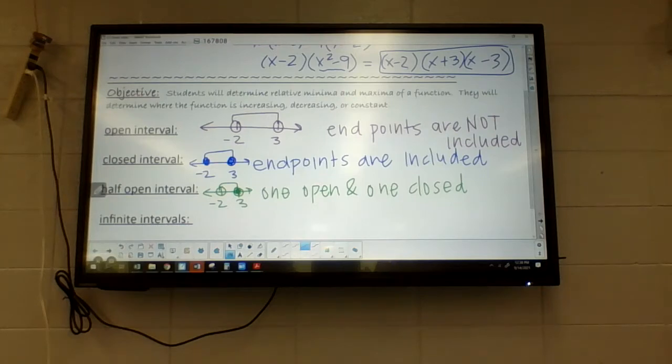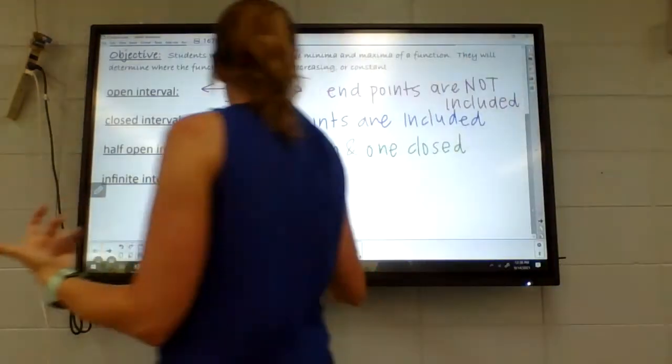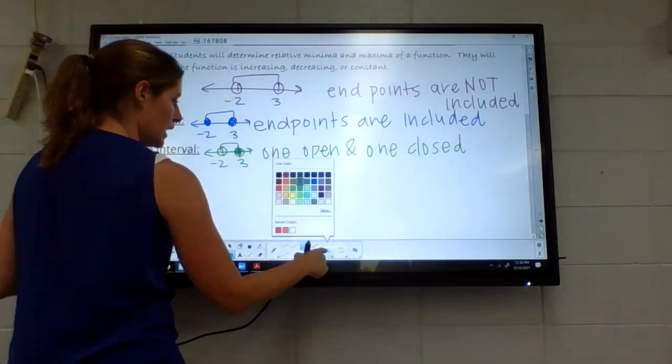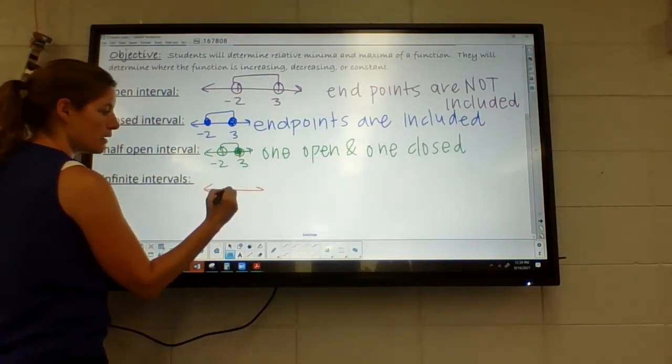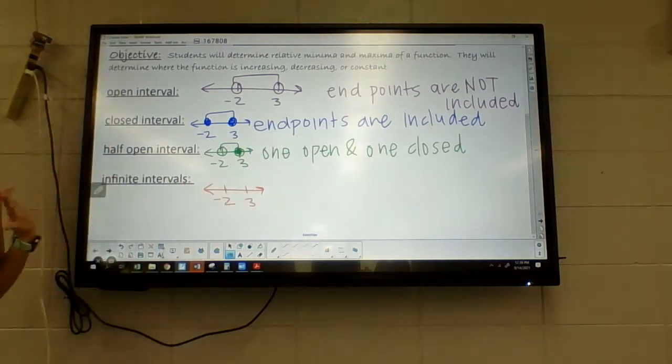Any idea what infinite intervals would be then? There technically are endpoints, but what's the other way the graph could look? Rather than going in, it could go out. So there's an excluded part, but then it goes on forever in either direction. Now for this one, it doesn't matter if the circles are open or closed.